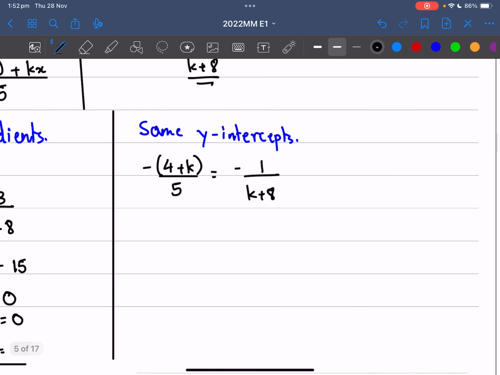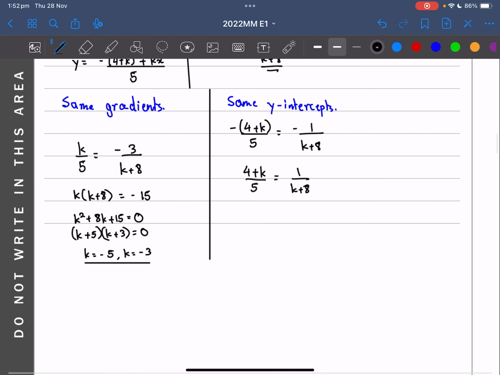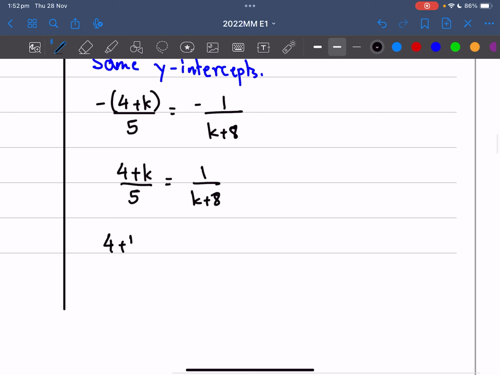So we can cancel out the minus sign. So 4 plus k on 5 equals 1 on k plus 8. Now again, we just solve for the value of k, like we did for the same gradients. Okay, so 4 plus k and k plus 8 equals 5, right?